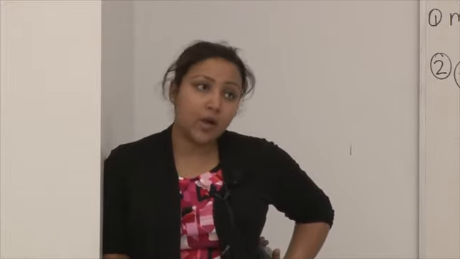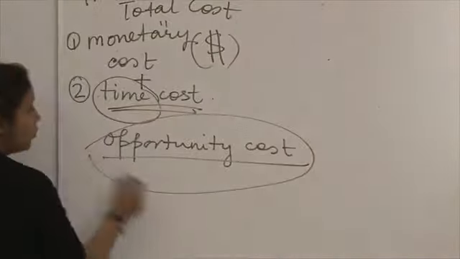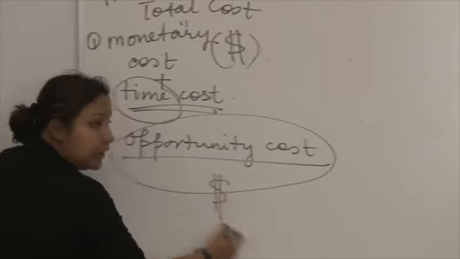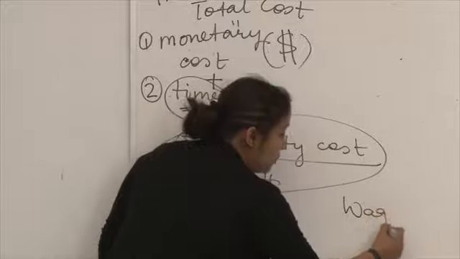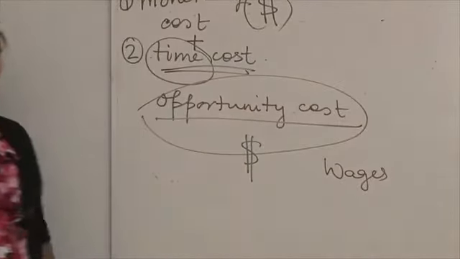And another way of trying to add a dollar value to it is by proxying it or by estimating it by your wages, right? If you're an employed person, then this opportunity cost will get a dollar value if I try to evaluate the opportunity cost through your wages. Do you agree?